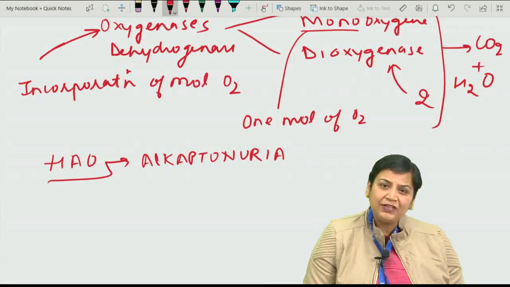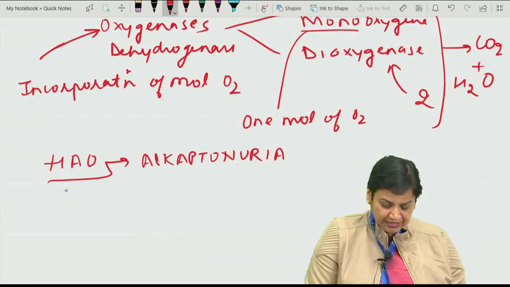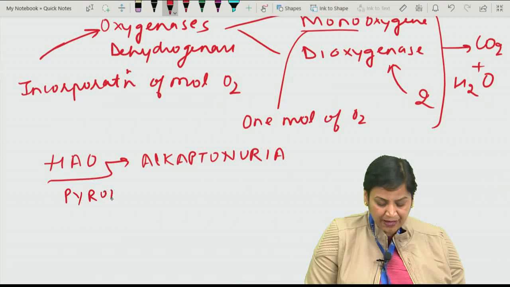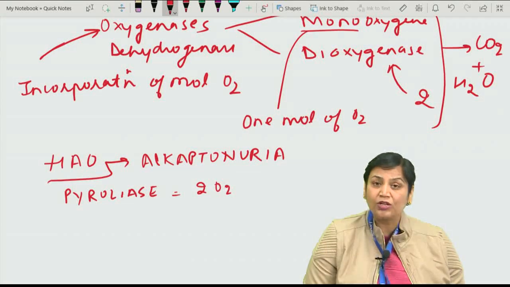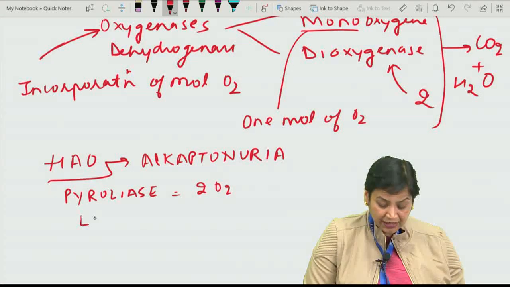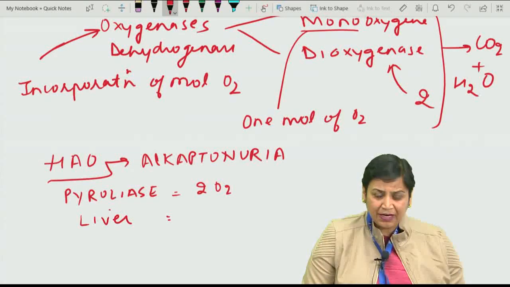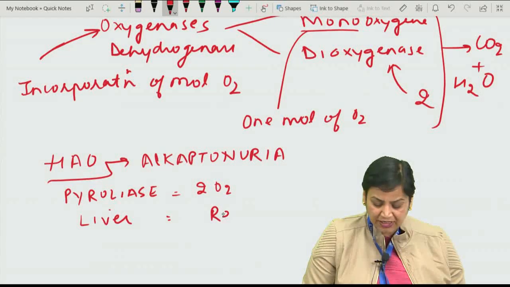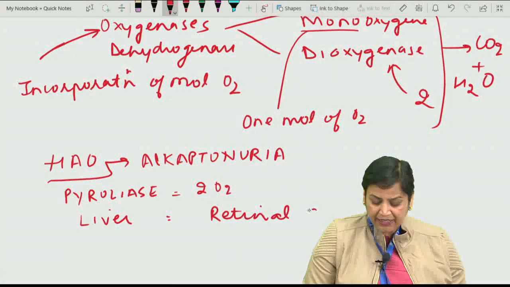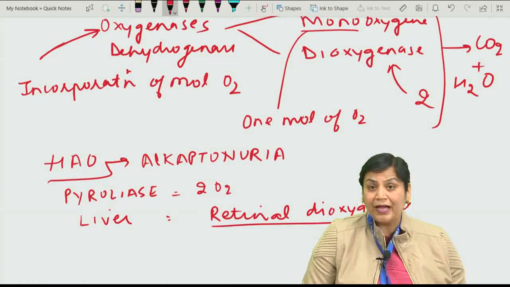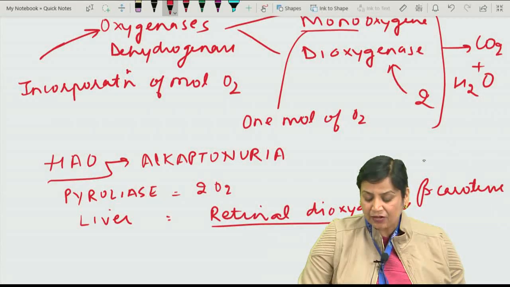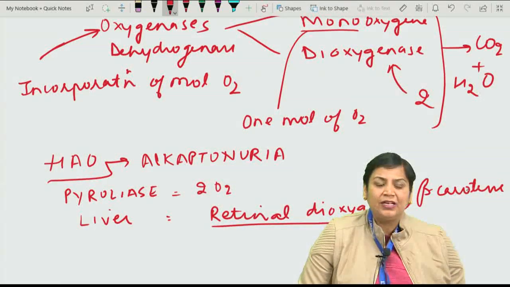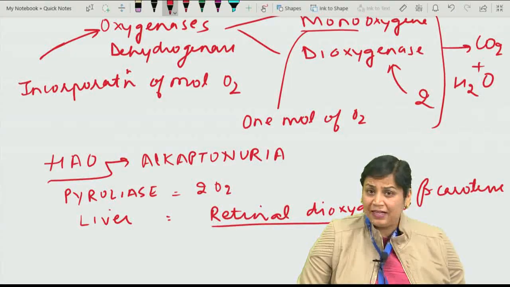So there is ring splitting in the presence of two oxygen atoms. Similarly, pyrrolase again helps in ring splitting in the presence of two oxygen molecules. And among the liver enzymes, for example, I'll give you one: retinal dioxygenase. It is the enzyme required in the degradation of beta carotene, the major pigment present in carrots.